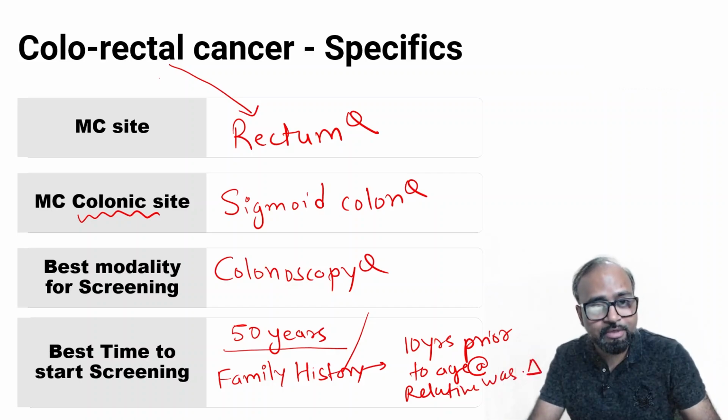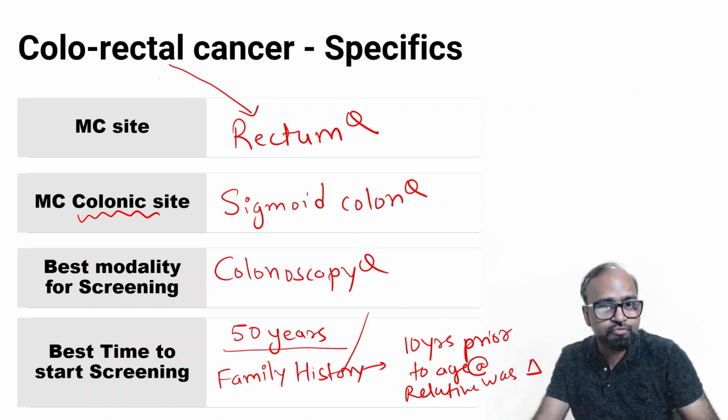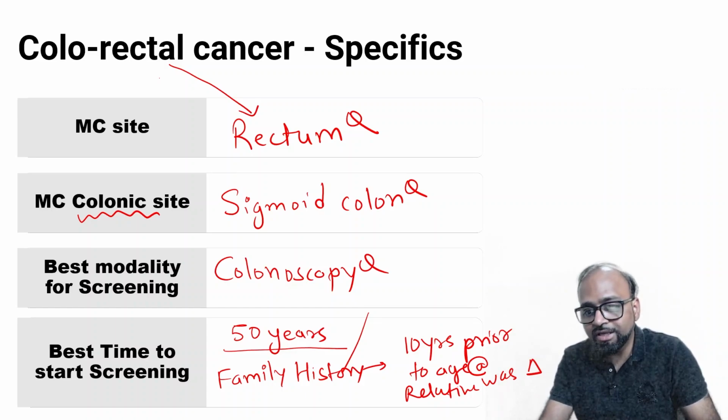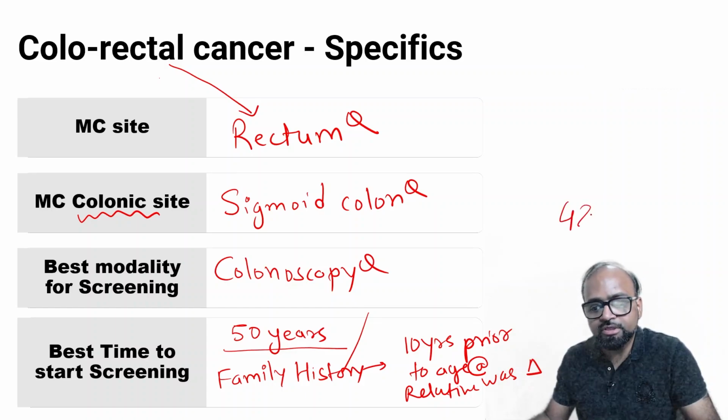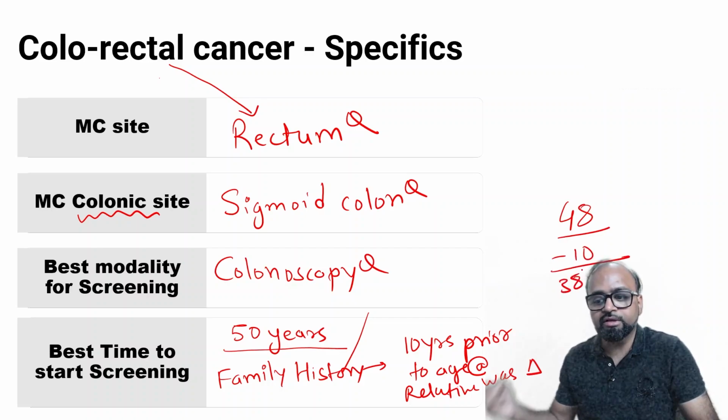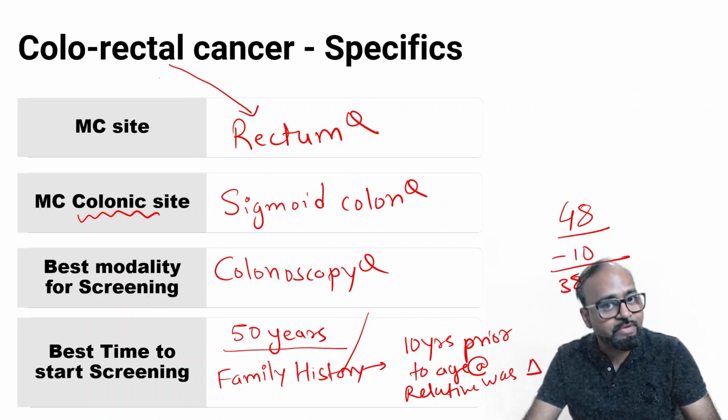So if a relative was diagnosed with colonic cancer at say 48 years of age, then you should start screening at around 38 years of age. That is the best time to start screening if there is a positive family history.